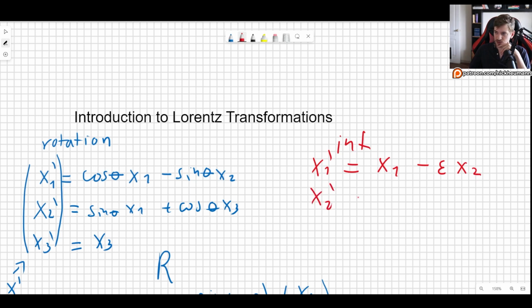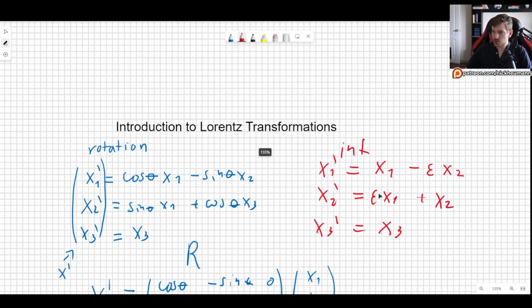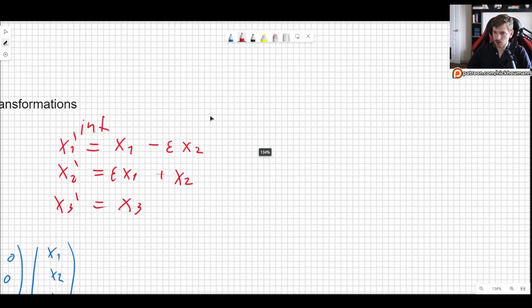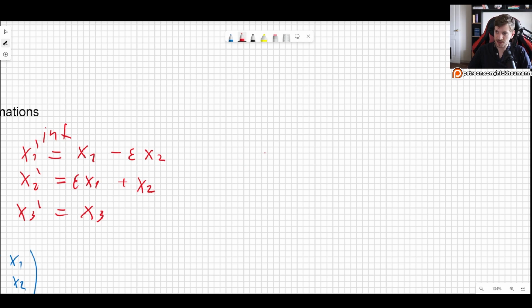And similarly, x2 prime would be epsilon x1, and cosine theta is still 1, so we get x2, and x3 prime as well. It's the same. So our rotation matrix in this infinitesimal case would be 1, minus epsilon, 0; epsilon, 1, 0; 0, 0, 1.